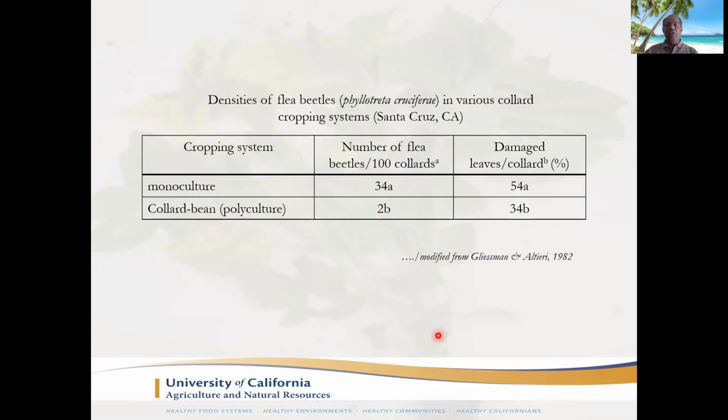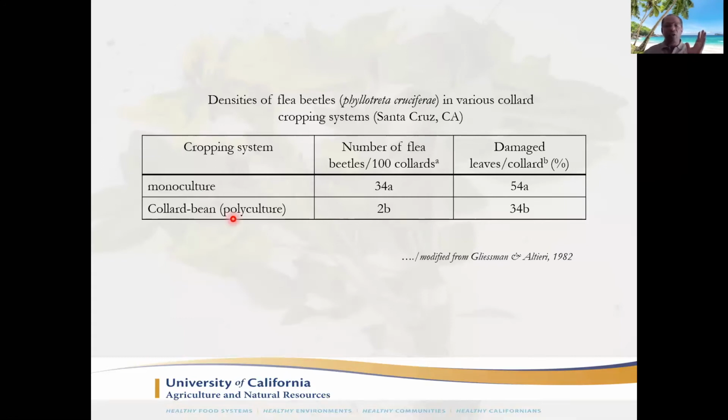Okay, so there are areas they have seen. Somebody has done research and they looked at how intercropping or polyculturing many crops in one area could actually save plants from flea beetle. Look at this, the monoculture, they planted only collards. There were 34 flea beetles.